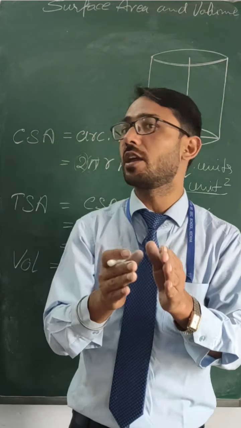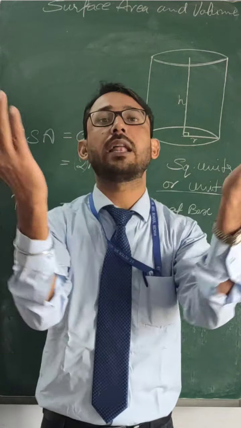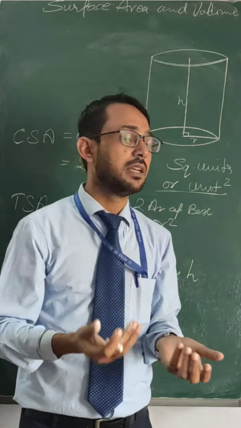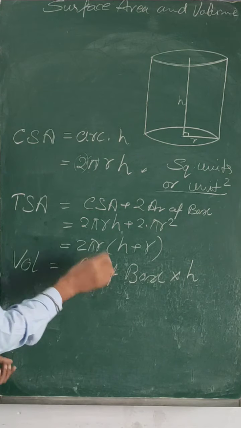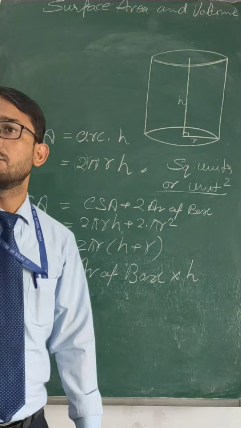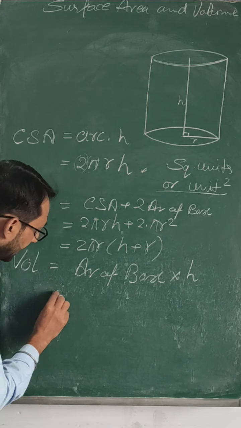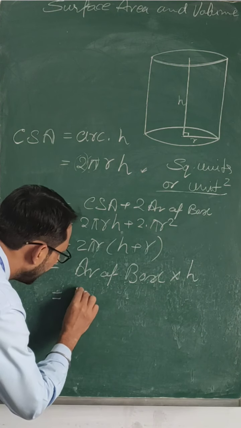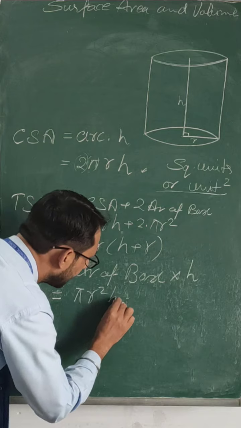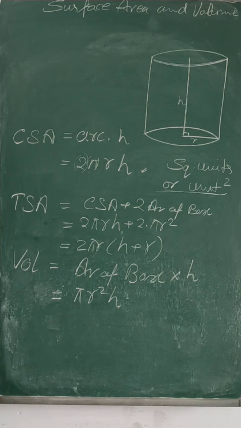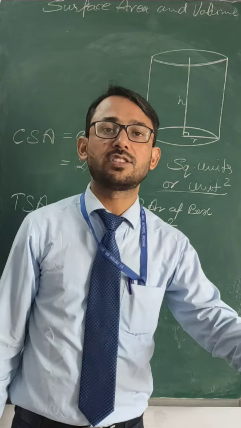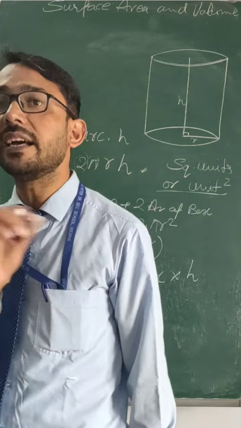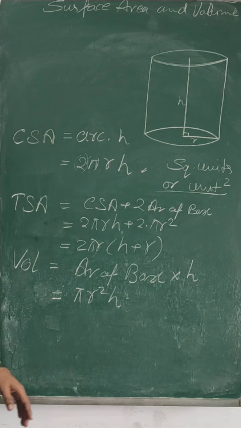When we were talking about the cube, it was a square base. For the cuboid, it was a rectangular base. Now for the cylinder, the base is circular and the area of a circle is pi r square, into height h. So the volume of the cylinder is pi r square h.